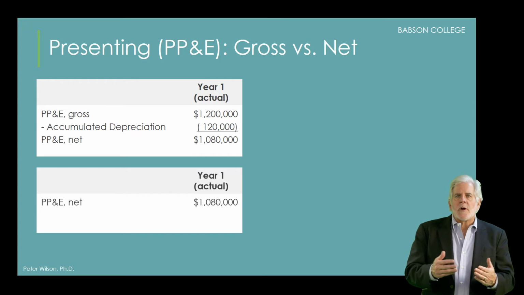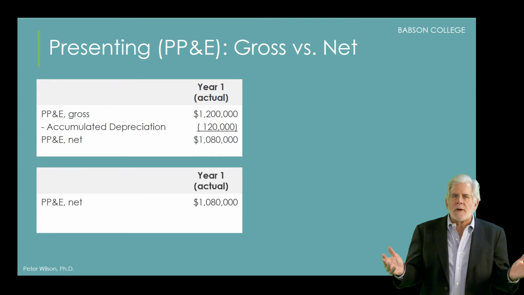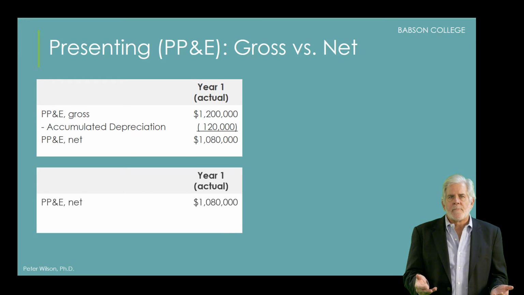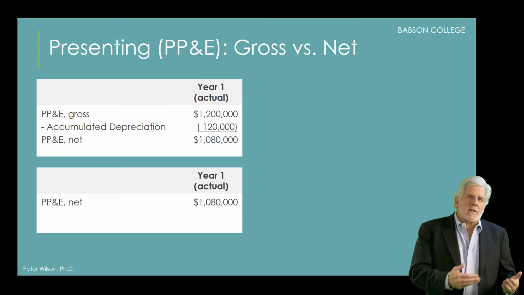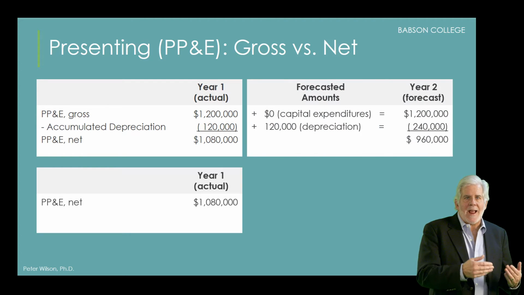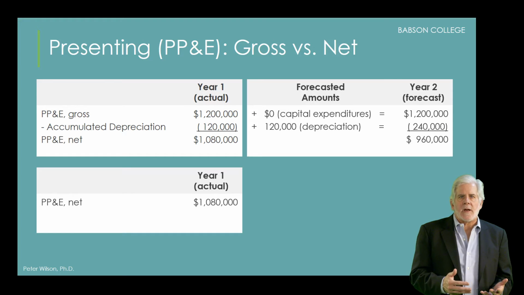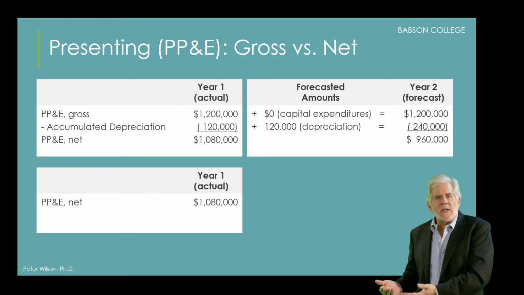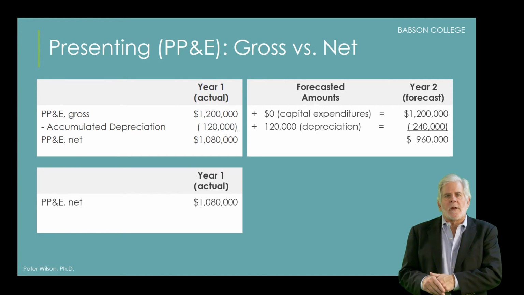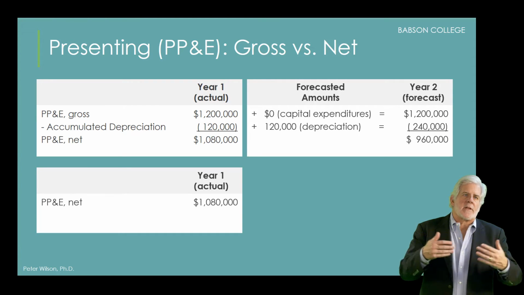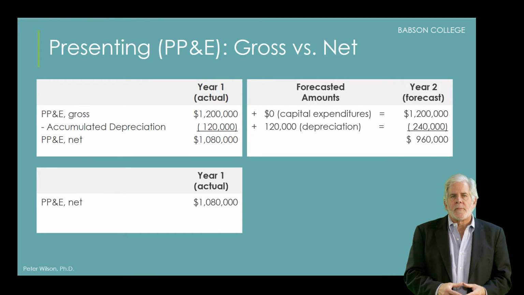When you look at the two presentations side by side, the only difference is the extra detail you get with the gross presentation. When forecasting using the gross presentation, estimated capital expenditures are added to the gross amount of PP&E, and estimated depreciation expense is added to accumulated depreciation. PP&E net is then just calculated as the difference between the two amounts.